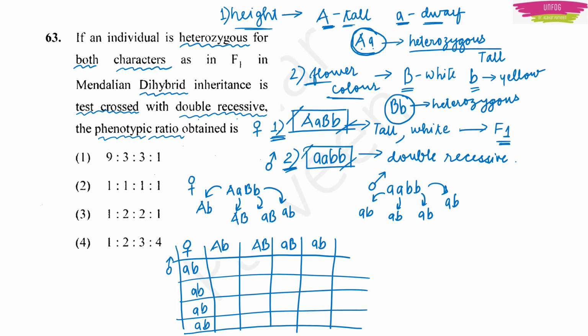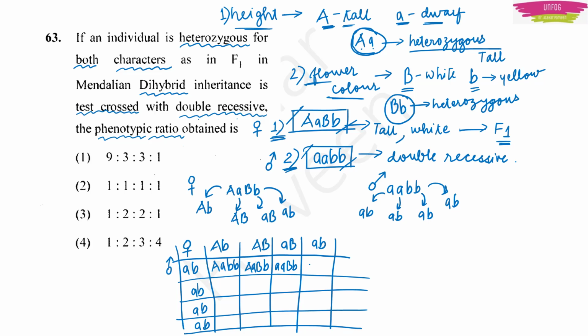Okay, so capital A, small a, small b, small b. This is the first one. Okay, next we have capital A, small a, capital B, small b. Then again we have small a, capital B, small b.